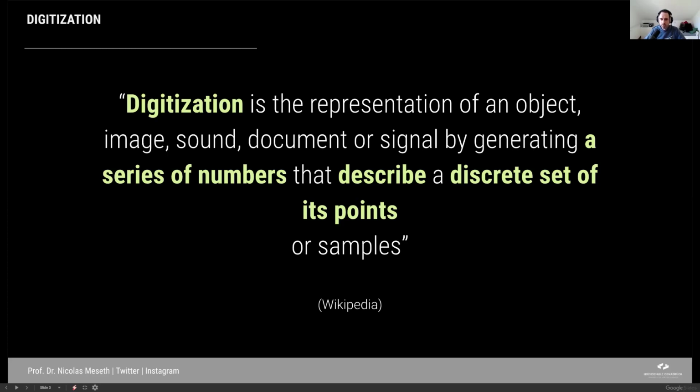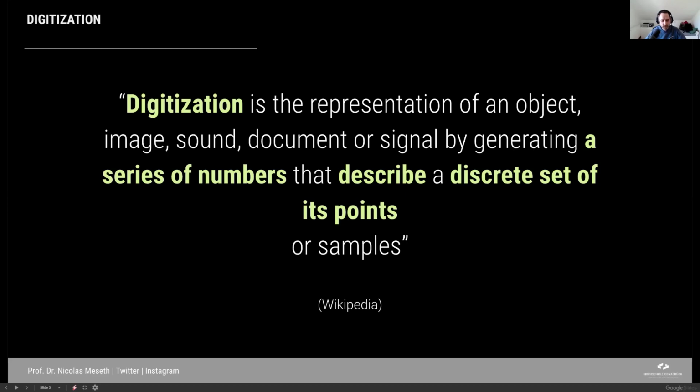But I want to emphasize one more time, when we say a discrete set of points or a series of numbers, that doesn't have to be binary. That can also be a decimal number. So once we transform something from the real world into a series of numbers, and that can be numbers in the decimal system, that's also digital already.